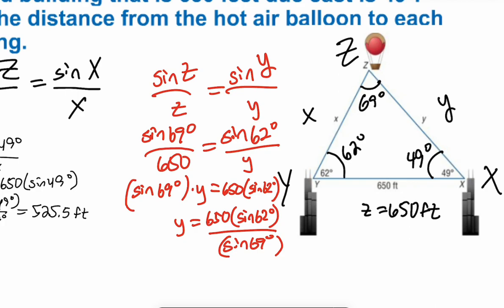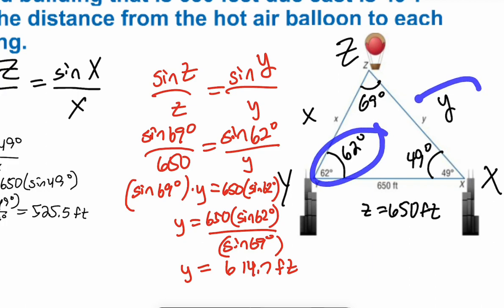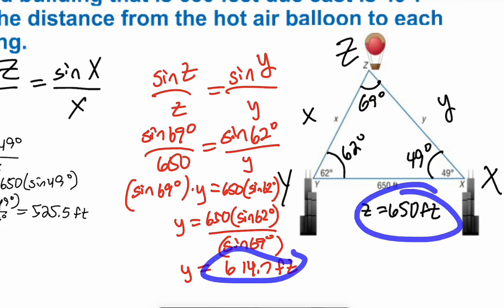Let me tell you what that is. We get that y is 614.7 feet. And look how close 62 is to 69, and that's pretty close to that 650, but less.